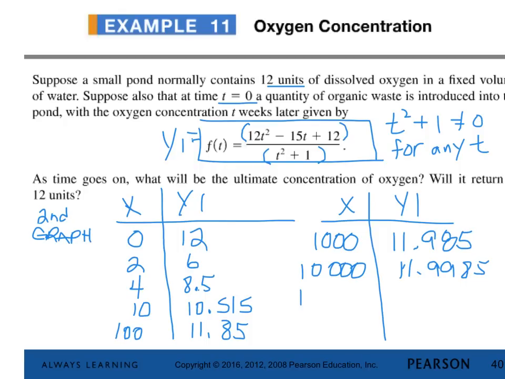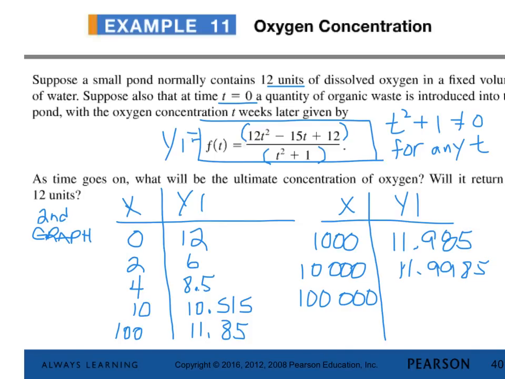And if we let time go to 100,000 weeks, that's 1,923 years, almost 2,000 years.